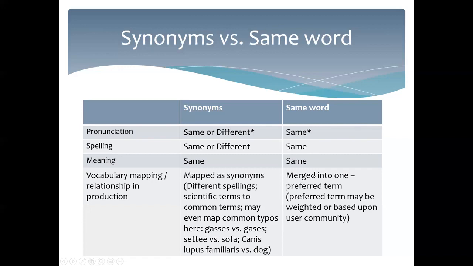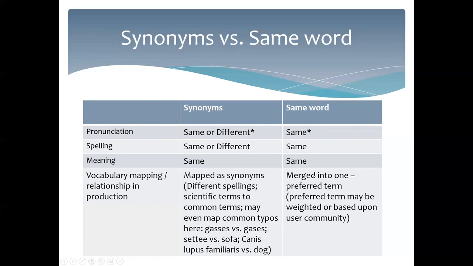Because as a new vet tech student, if I were searching for something on the website, I might search for dog because I'm new, I haven't learned all the terminology yet. Whereas if I've been around for a while and I know all of the scientific terms, then I might search for canines, or I might search for Canis lupus familiaris. I might search the whole thing.